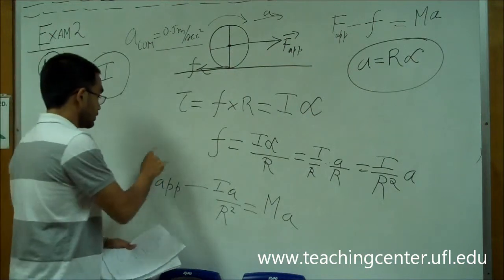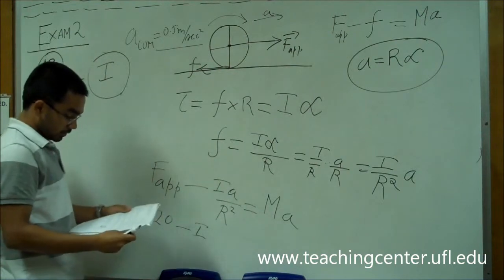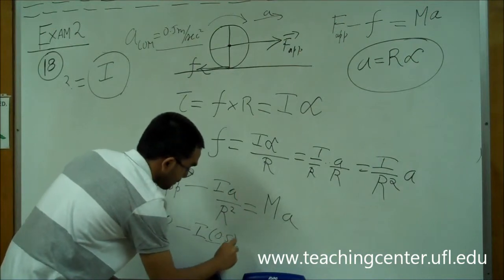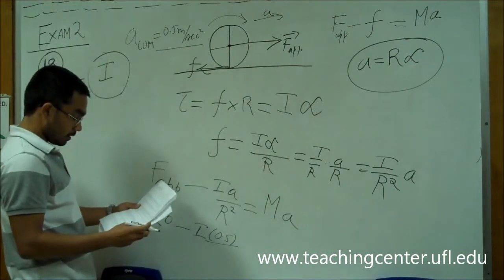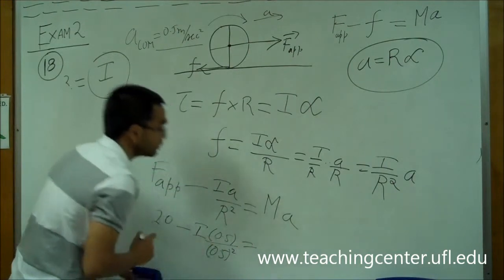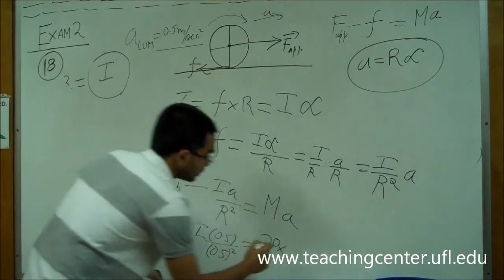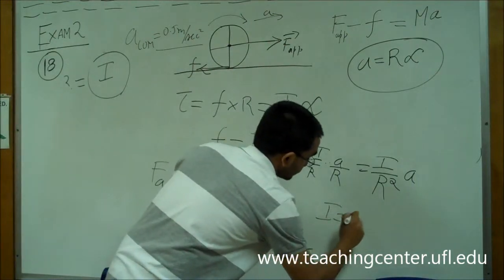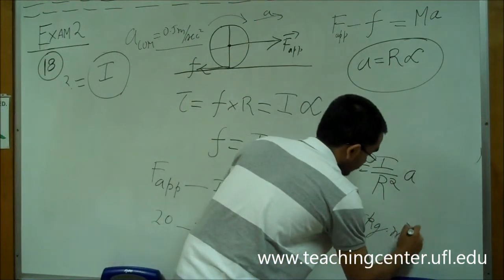If you plug everything in, you have 20 minus I times the acceleration 0.5 divided by R, which is 0.5 squared, is equal to mass, which is 20, times 0.5. We get I is equal to 5 kg meter squared.